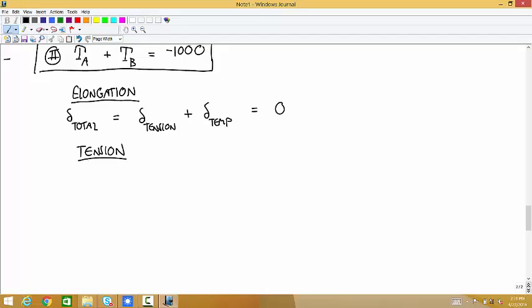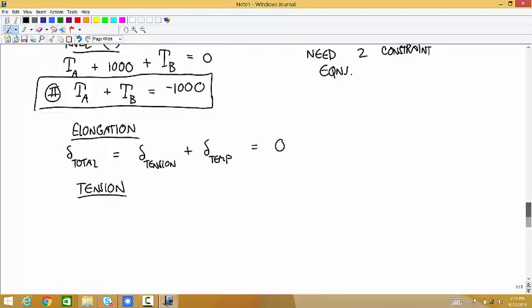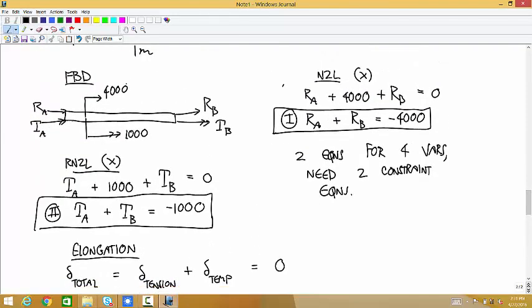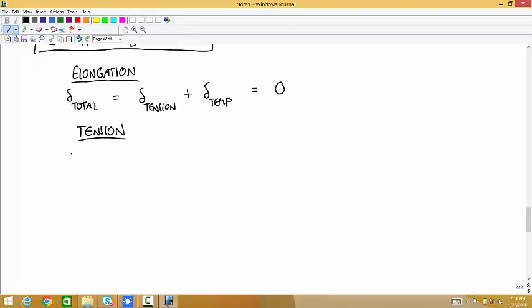So the one due to tension, let's see. So for this one, we're going to have to do 2 cuts, because the internal tension is going to be different on the left quarter of the beam than it is on the right 3/4 of the beam. So cut 1 is valid for x's between 0 and 0.25.